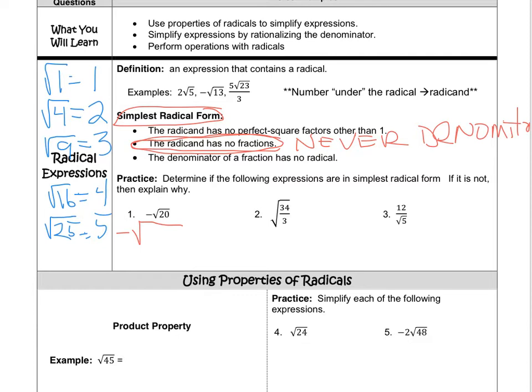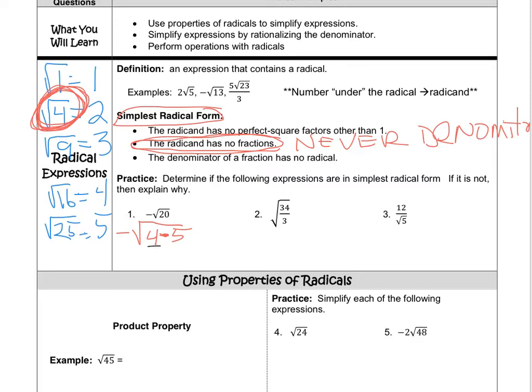What are the factors of 20? You have 2 times 10. You have 4 times 5. Isn't 4, when a 4 is in the square root, see where I'm circling in red right here, isn't the square root of 4 a perfect square? So I have negative square root of 4 times 5. This thing still equals 20 underneath that radical, but this 4 is a perfect square number.